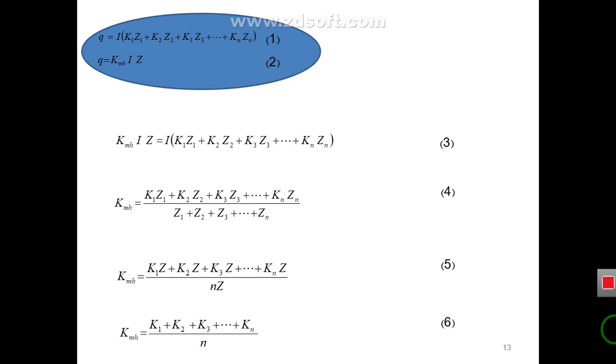Kmh is equal to k1 plus k2 plus k3 plus kn over n. In this equation, Kmh is the average horizontal permeability, n is the number of layers in a stratified aquifer, and k1, k2, k3 and kn are the permeability values for the first, second and nth layer.